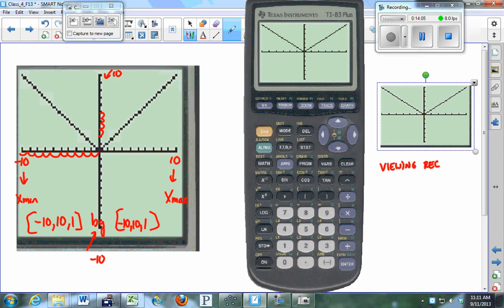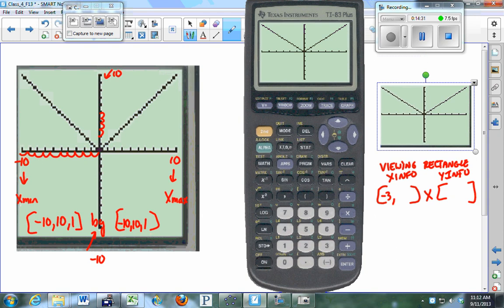Let's see if you can help me. So the first part of your viewing rectangle, all your X info goes in the first one, and all your Y info goes in your second one. So how would I fill in the X info box here for my viewing rectangle based on what we just put in? Does anybody remember where we started? The lowest value, -3.